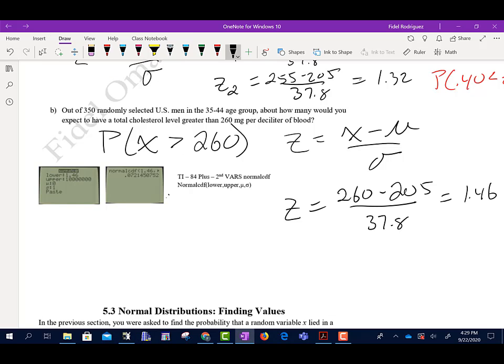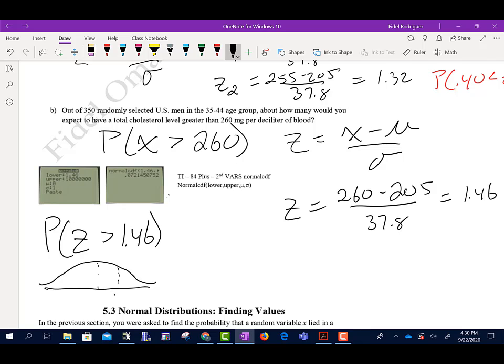So what we're trying to find now is the probability that my z-value is greater than 1.46. I'm interested in the area to the right, but my table always tells me the area to the left.